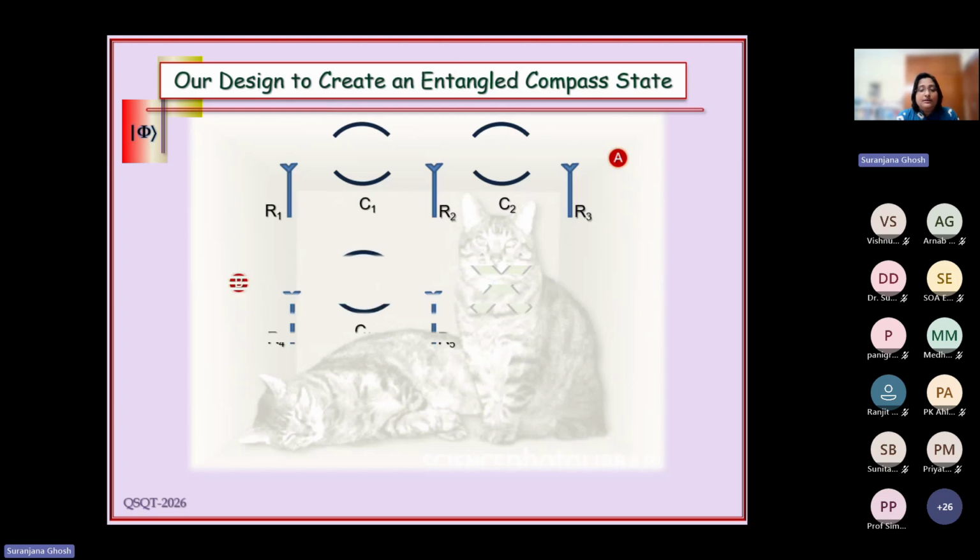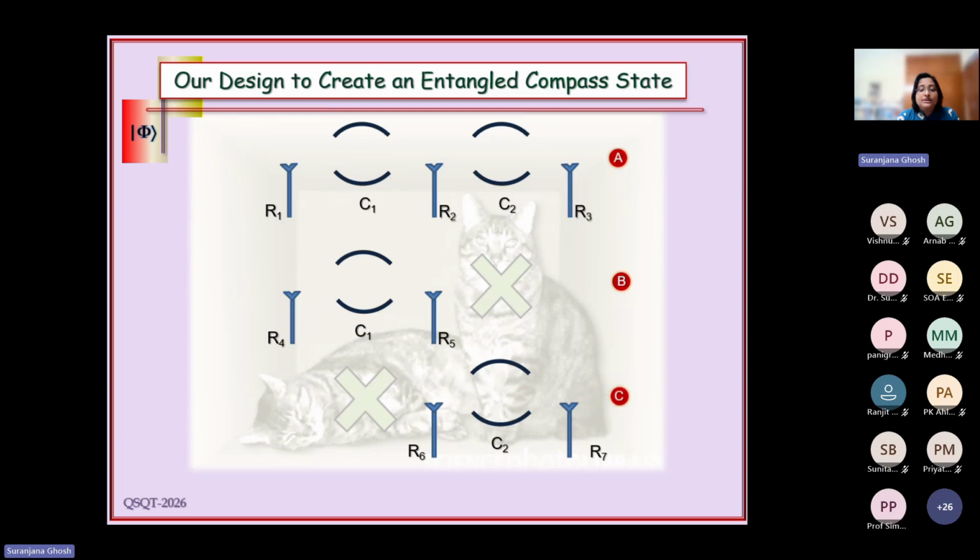Then atom B goes through, where we switch off cavity 2, so it only interacts with cavity 1. The third atom interacts with cavity 2, and we switch off cavity 1. If we then measure the final state of the atom, we can see the field states.